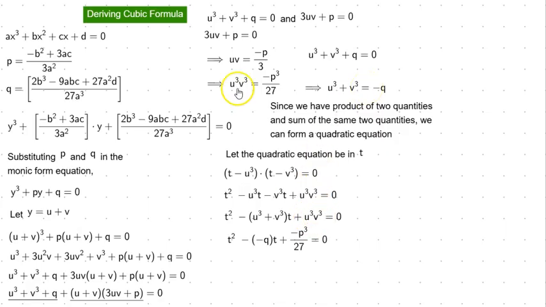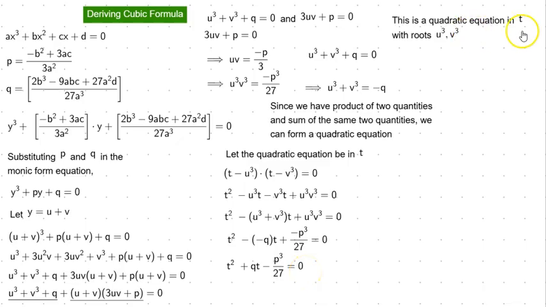And u cube v cube is what? Minus p cube by 27. So we do the substitutions. So t square plus qt minus p cube by 27 equal to 0. This is a quadratic equation in t with the roots u cube, v cube.